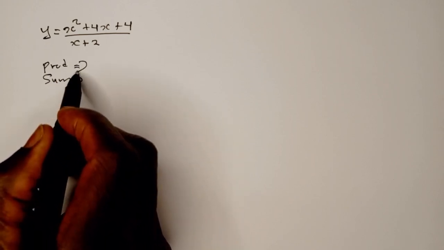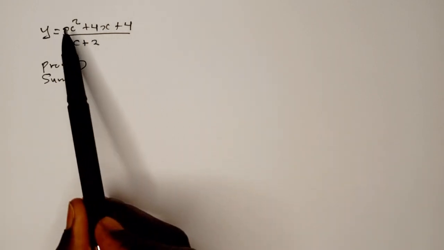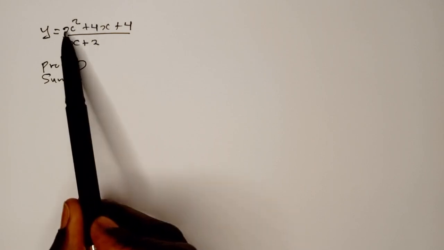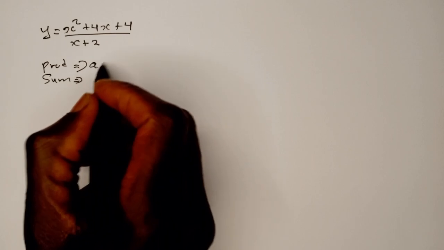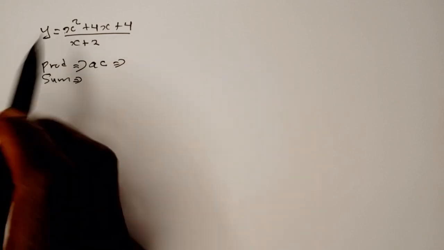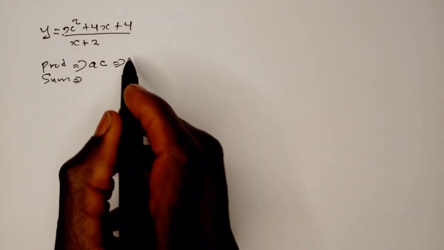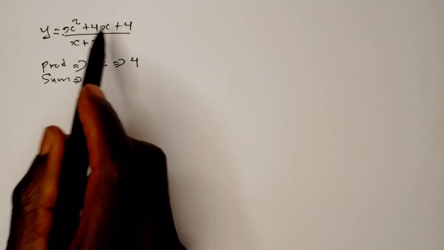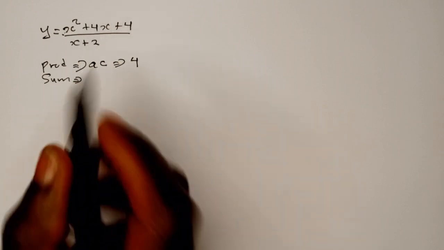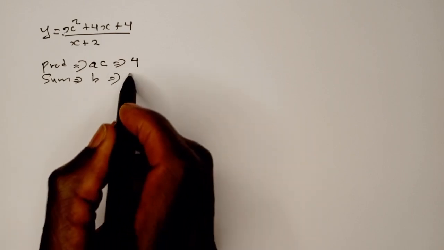Product, you take the coefficient of x squared, a, and then you multiply by c. So product is always ac. This one will be 1 times 4, which is 4. Then sum is always b, the coefficient of x, so it is 4.